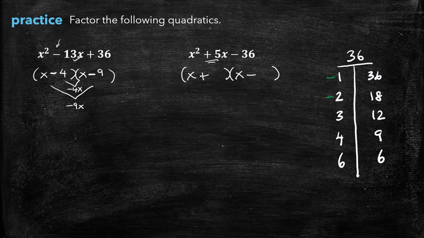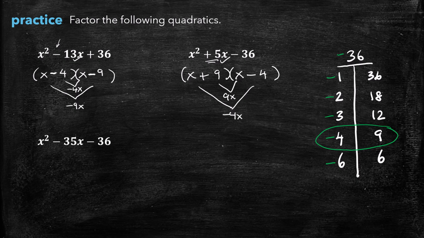So I'm going to make these negative, acknowledging that they have to make negative 36, and then I look for the pair that add to positive 5. Oh, here's the lucky pair. So x plus 9, it doesn't matter which order, you could write it as x minus 4 times x plus 9. They're both correct. And if you check the outer and inner terms, negative 4x, 9x, that makes 5x.